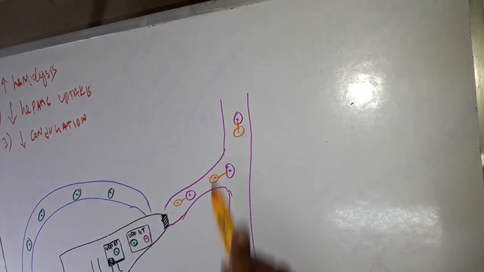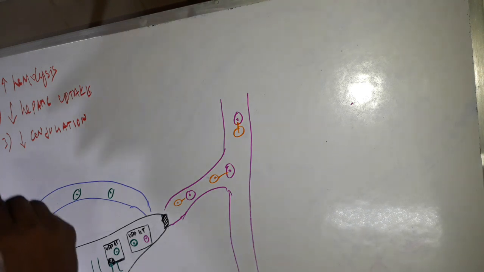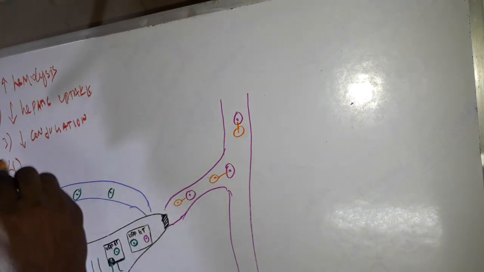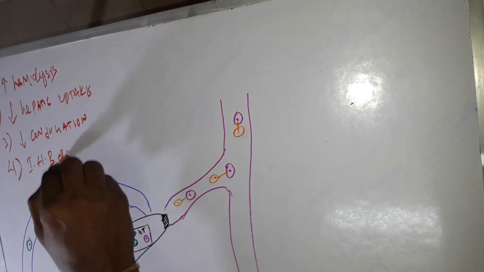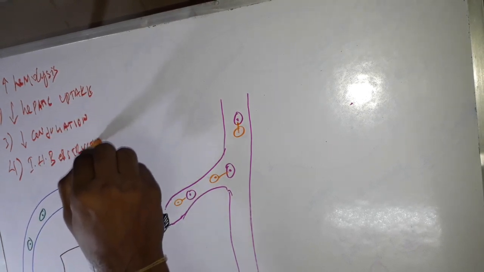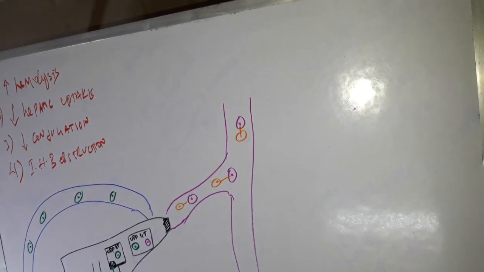Now, if there is no defect in these three, what if there is a defect in the specific transporter into the biliary system? Because it is present within the liver, I call this intrahepatic biliary obstruction.